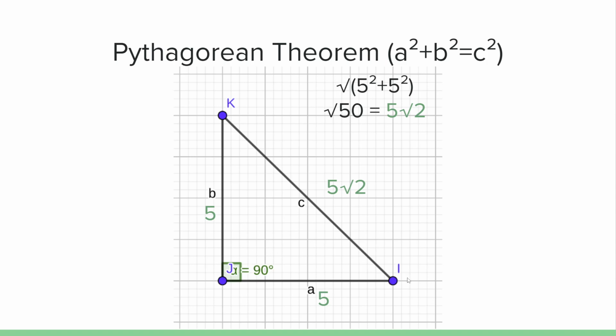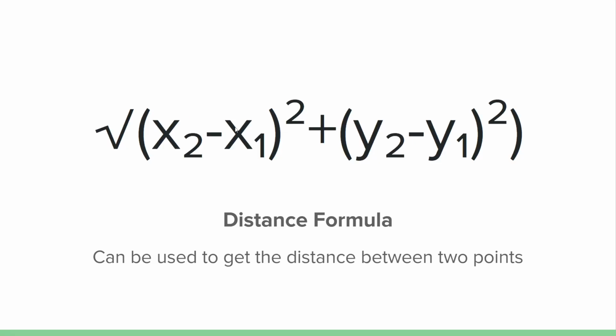Okay? So, if you do this part, 5 minus 0, it's still 5. And then y2 minus y1, 0 minus 5, negative 5. But then, since both are squared, it becomes positive 25 for both sides. And then, square root of it, you get the length.